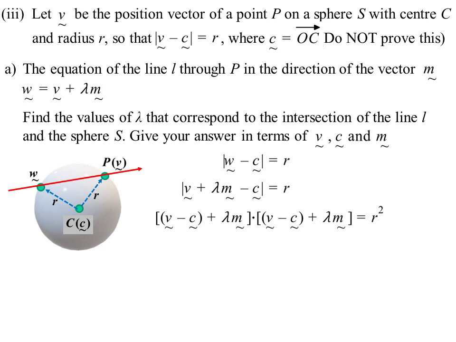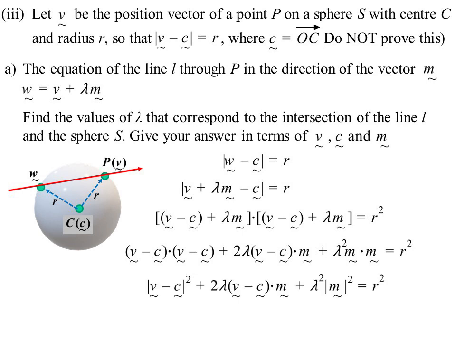Therefore, if I square both sides, but squaring is the same as the dot product of itself, it is equal to the radius squared. Expanding that out, I've now got (V minus C) dot (V minus C) plus 2 lambda (V minus C) dot M, plus lambda squared M dot M is equal to R squared. (V minus C) dot (V minus C) is the magnitude of V minus C squared, and M dot M is the magnitude of M squared.